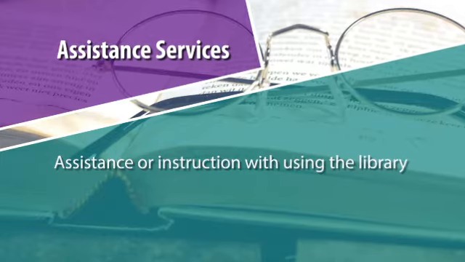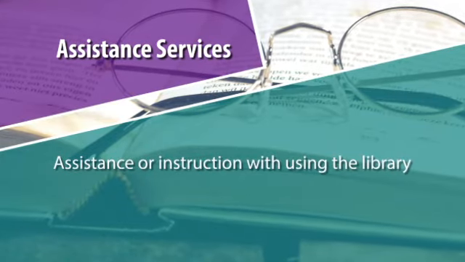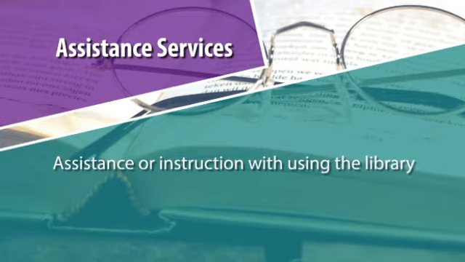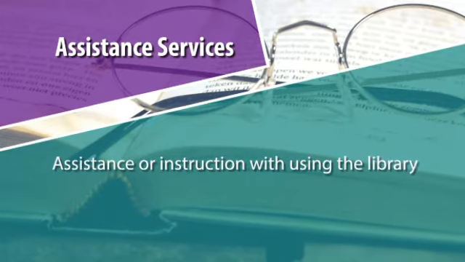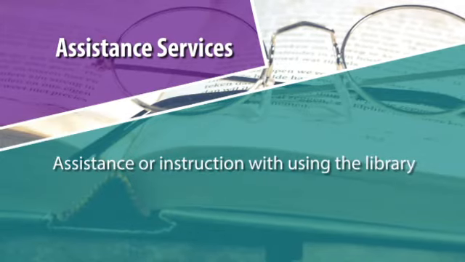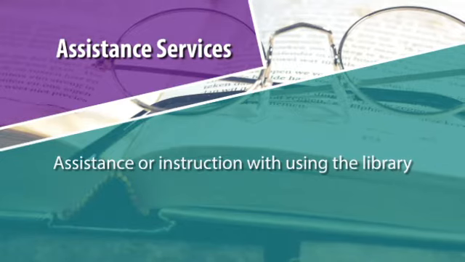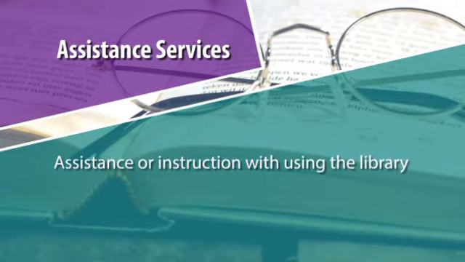Then assistance or instruction in using the library is given by locating the materials. We help them in how to use the catalogs and how they can use the computers to access information. The reference services or assistant services in particular give this help to their users.